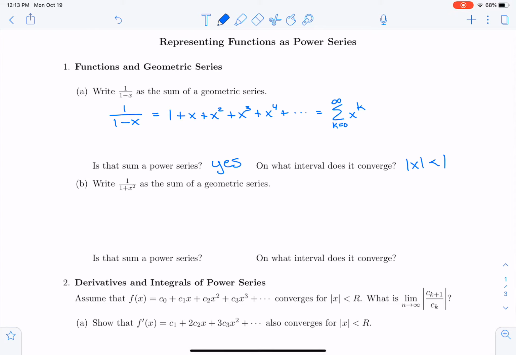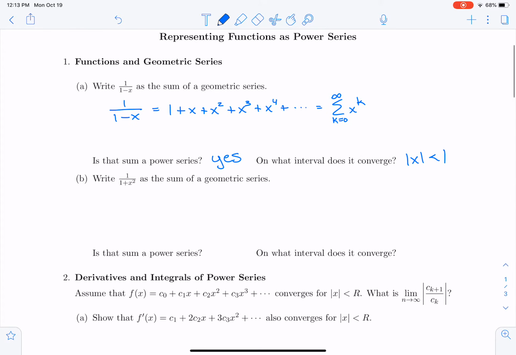Okay, so now what I want to do is exploit this trick of writing 1 over 1 minus x as a geometric series. So in fact, let's look at 1 over 1 plus x squared. We can think about that as being 1 over 1 minus a negative x squared. And so negative x squared is performing that r role, where we're looking at the sum of the geometric series as being 1 over 1 minus r.